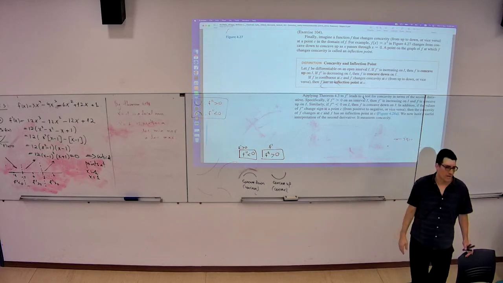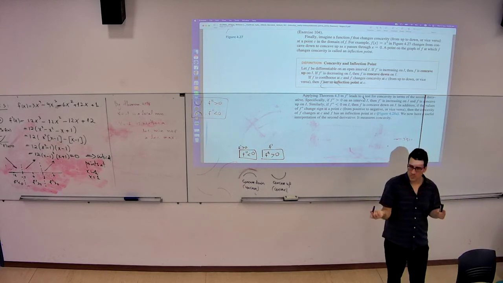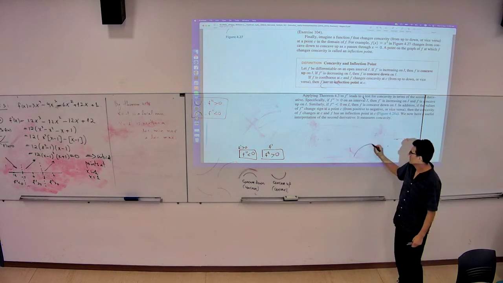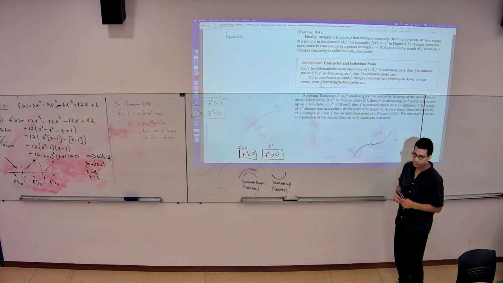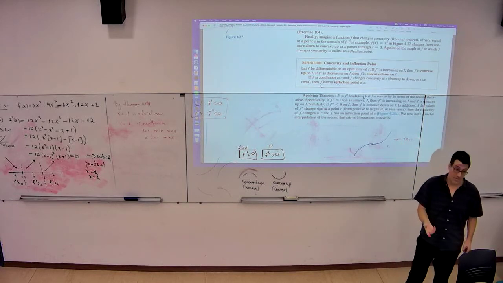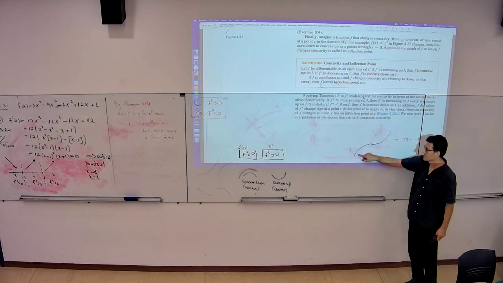Well, this is the reason why. An inflection point is where the level of happiness of the curve changes. So you go from sad to happy, well, that's an inflection point down there. For y equals x cubed, 0 is an inflection point actually. So you go from sad to happy.